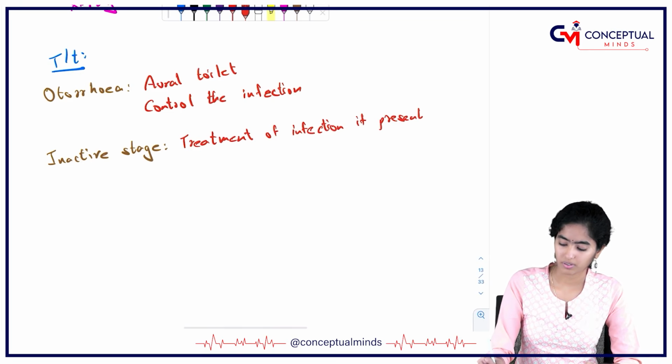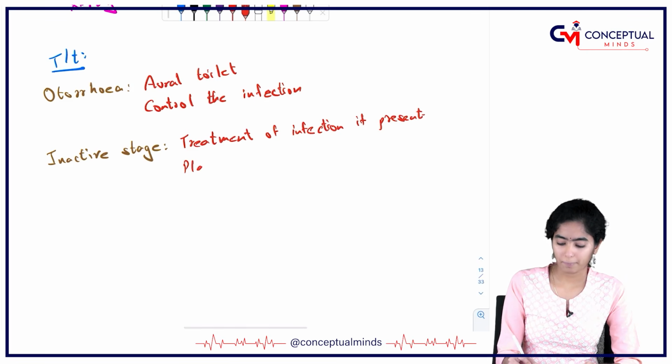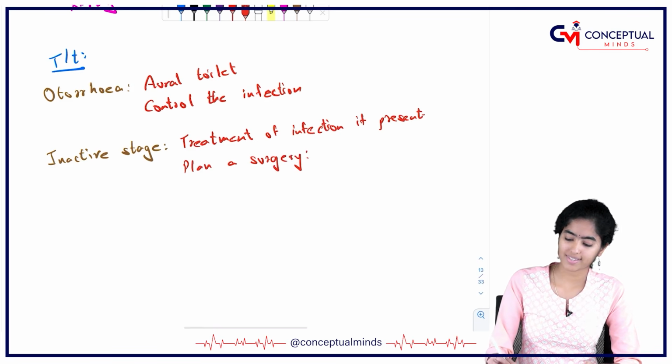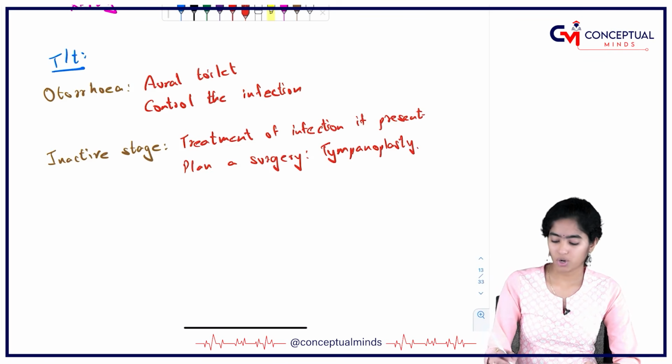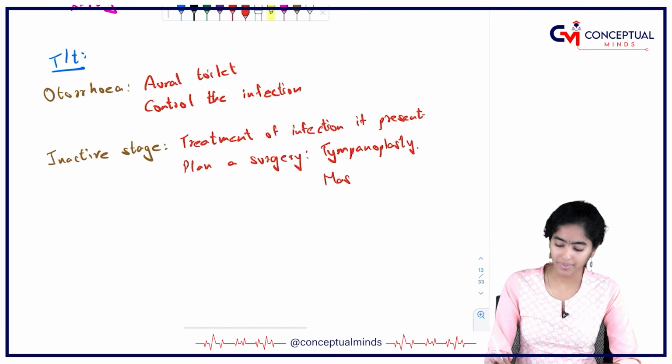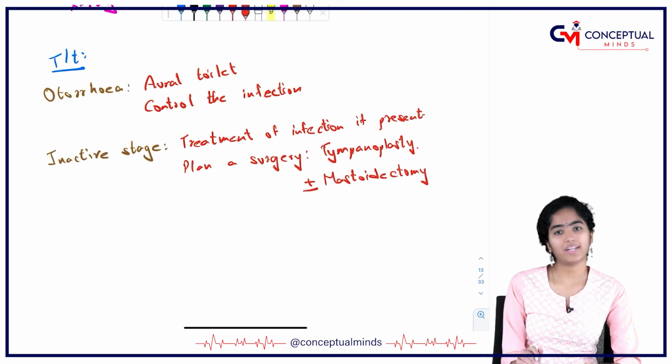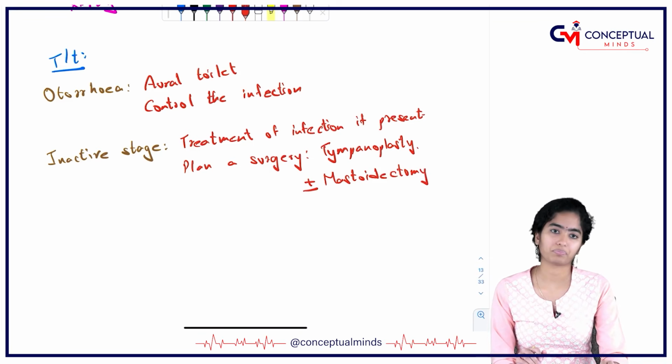And most important is to plan a surgery. What is the surgery? Tympanoplasty. If at all the mastoids are also involved, then a mastoidectomy may be required. Mastoidectomy may or may not be required, plus or minus.